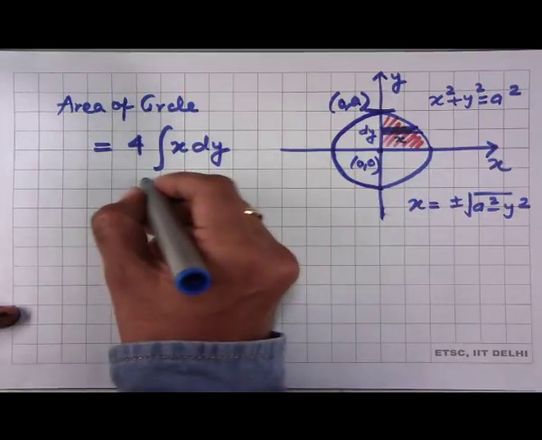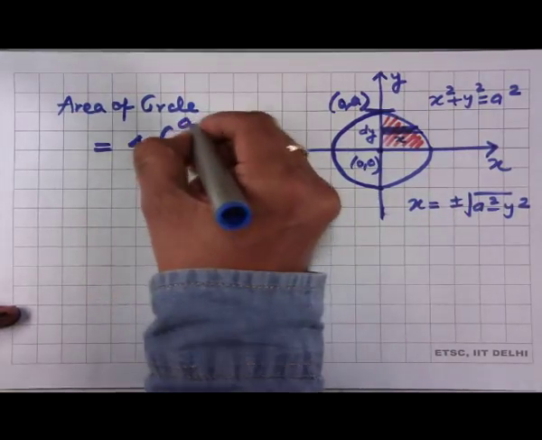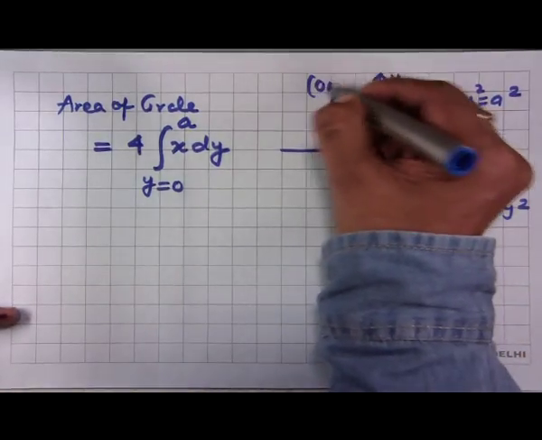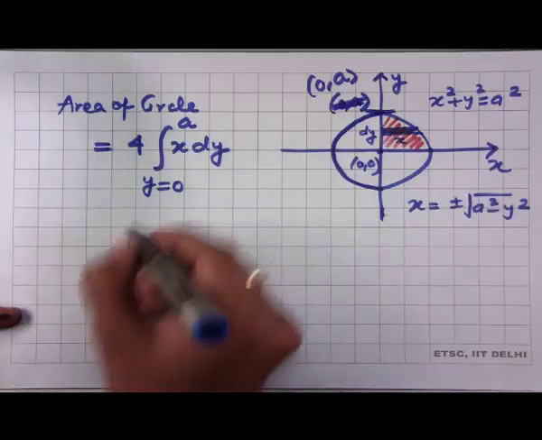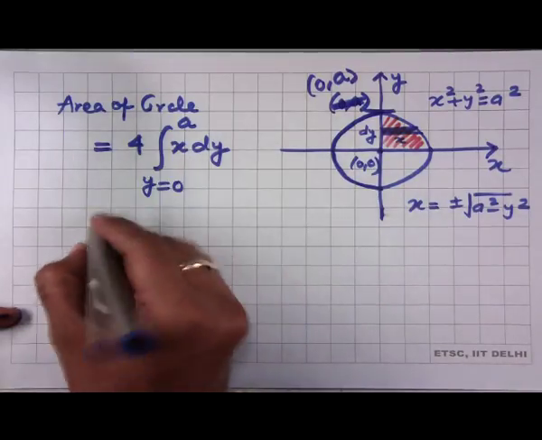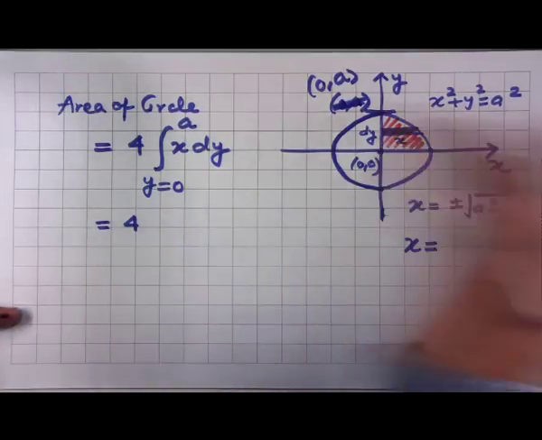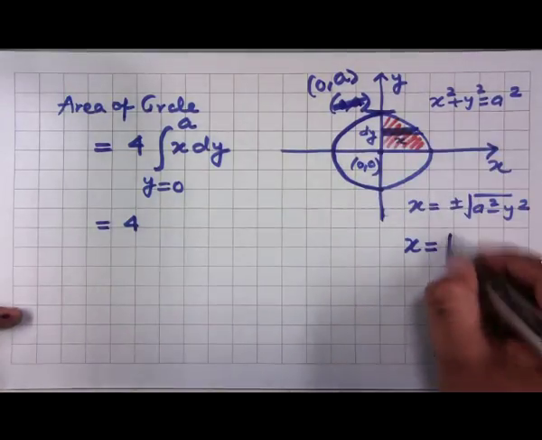So y goes from 0 to a, and the value of x will be taken positive because you are on the positive side.